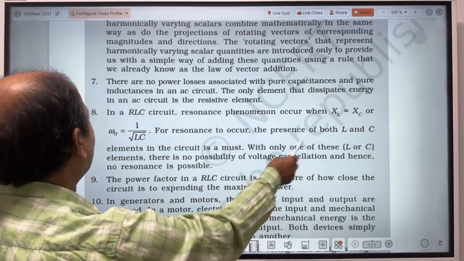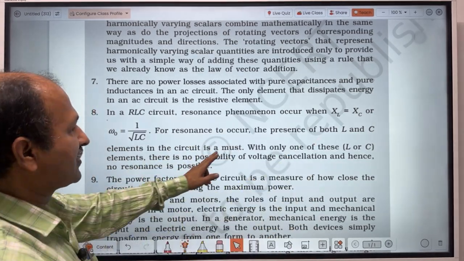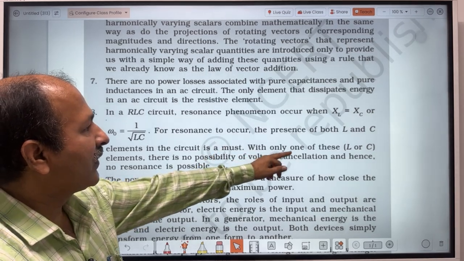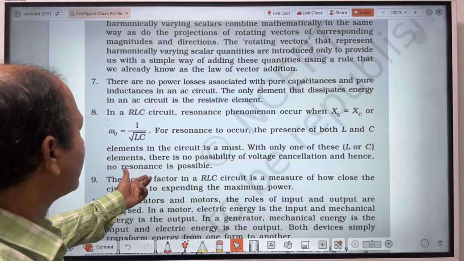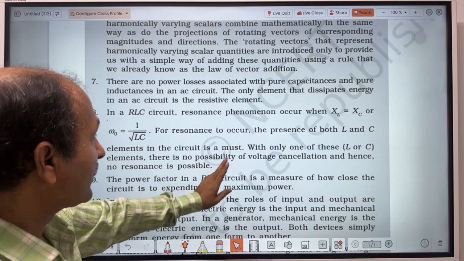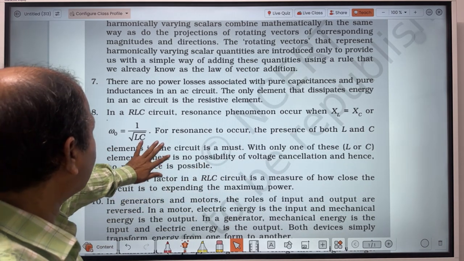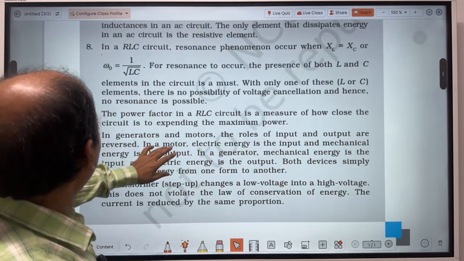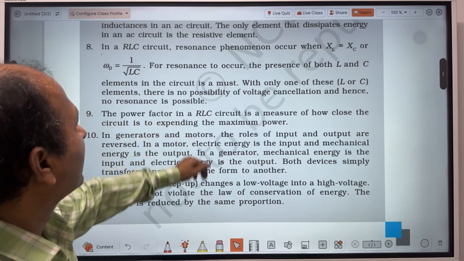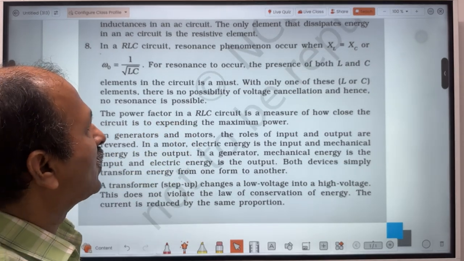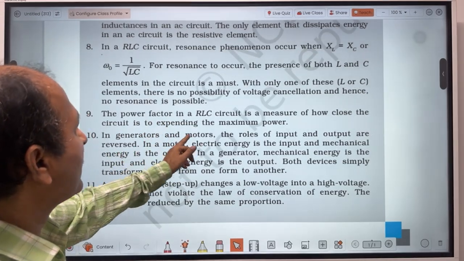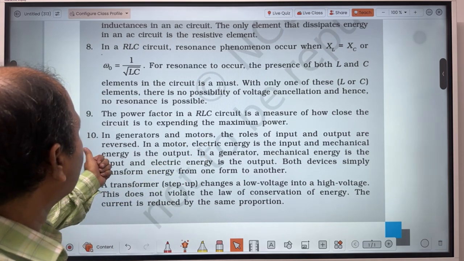For resonance to occur, the presence of both L and C elements in the circuit is a must. With only one of these L or C elements, there is no possibility of voltage cancellation, and hence no resonance will occur. And then the final point is the power factor in an RLC circuit is a measure of how close the circuit is to expending the maximum power.